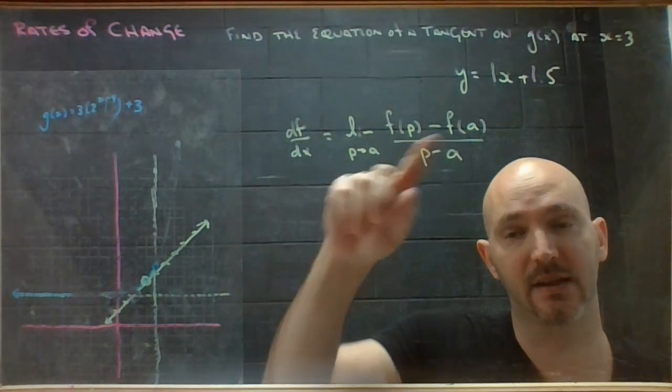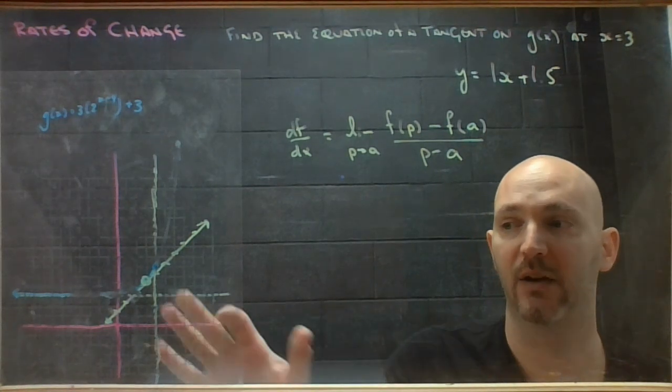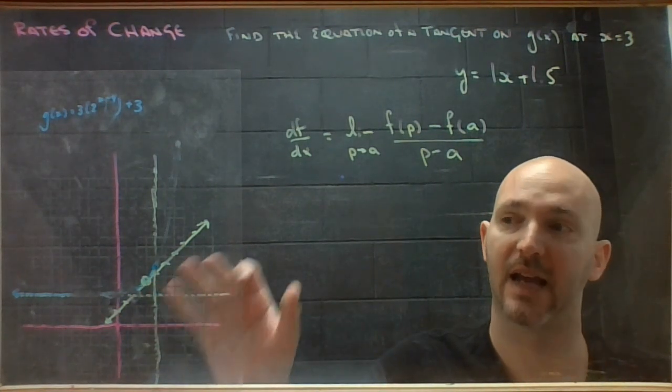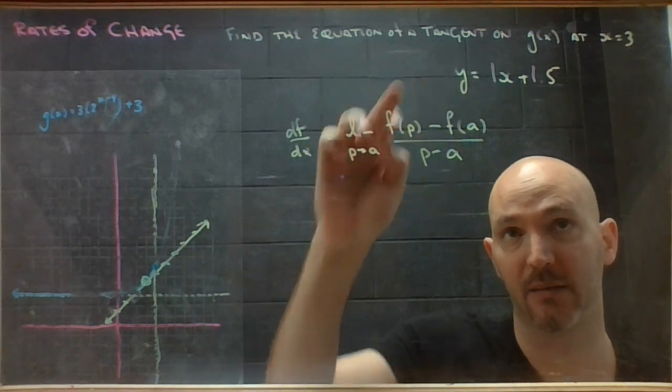So we're going to use this and the limit process in order to crank out instantaneous rates of change at a particular place, and then use them to make tangents.